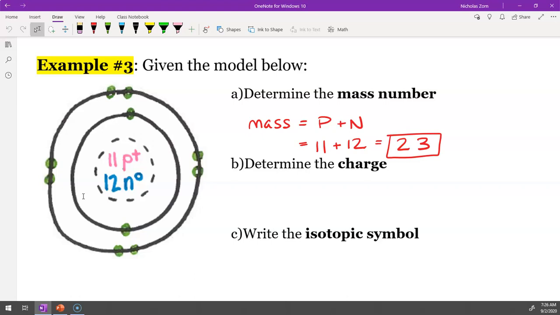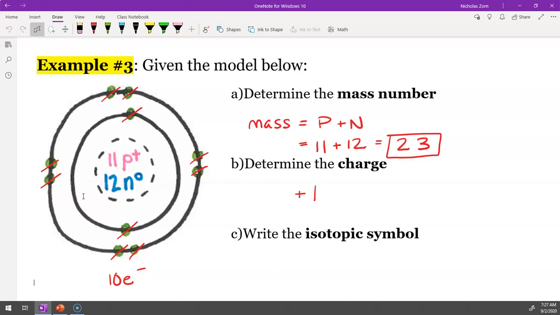To determine the charge, we need to count the electrons. 1, 2, 3, 4, 5, 6, 7, 8, 9, 10. There are 10 electrons. There are 11 protons. There's one more proton than electron, so we have a charge of positive 1.